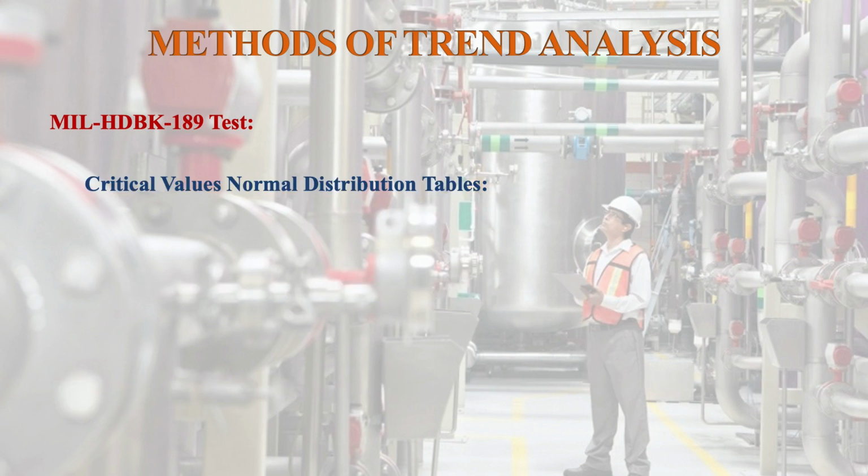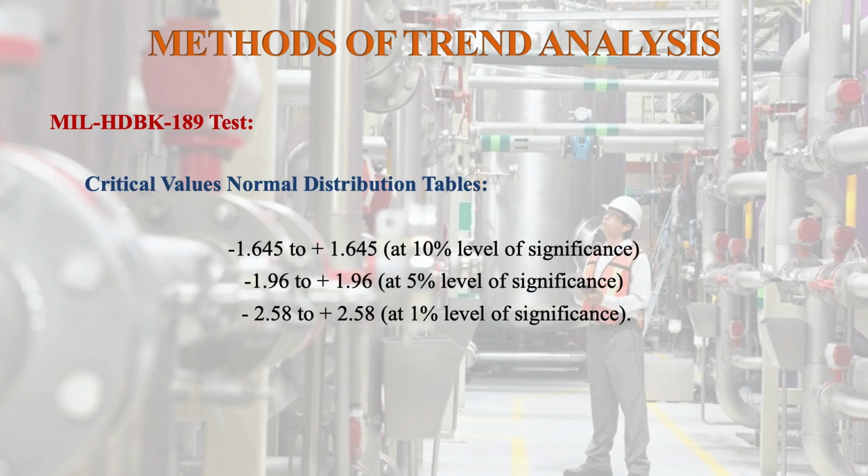Critical values of the normal distribution tables are minus 1.645 to plus 1.645 at 10% level of significance, minus 1.96 to plus 1.96 at 5% level of significance, and minus 2.58 to plus 2.58 at 1% level of significance.